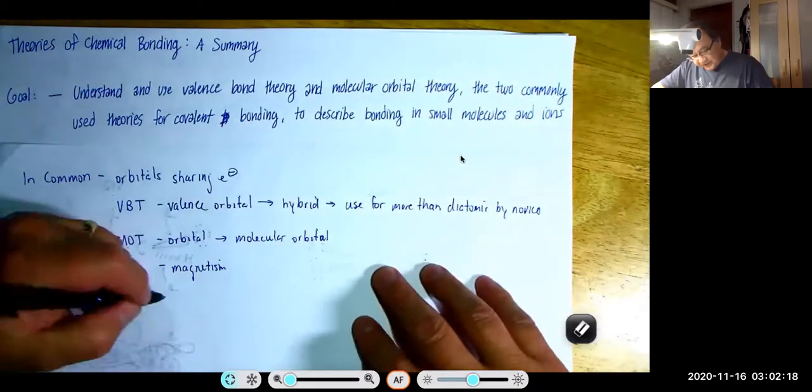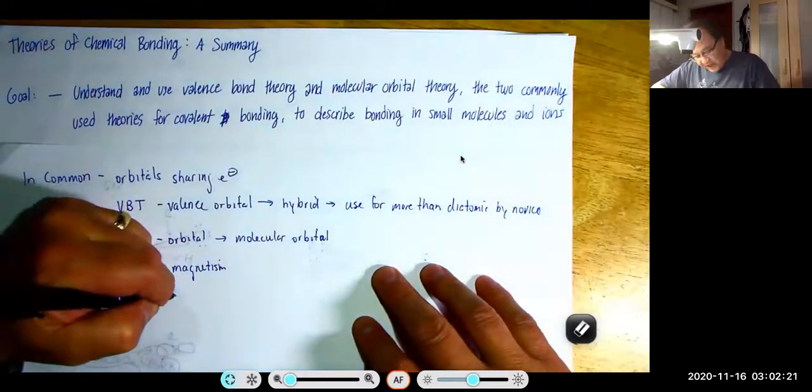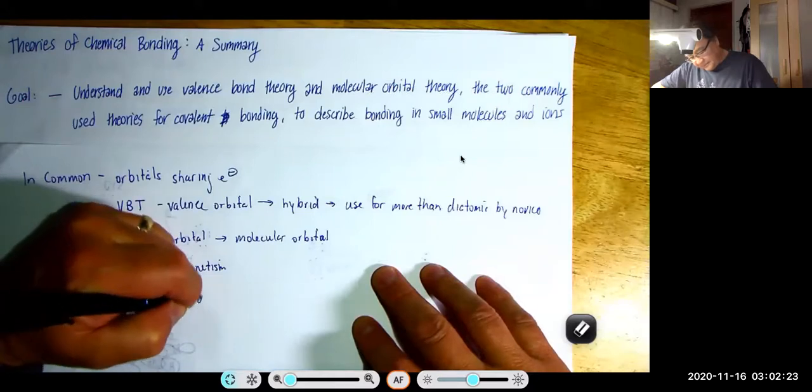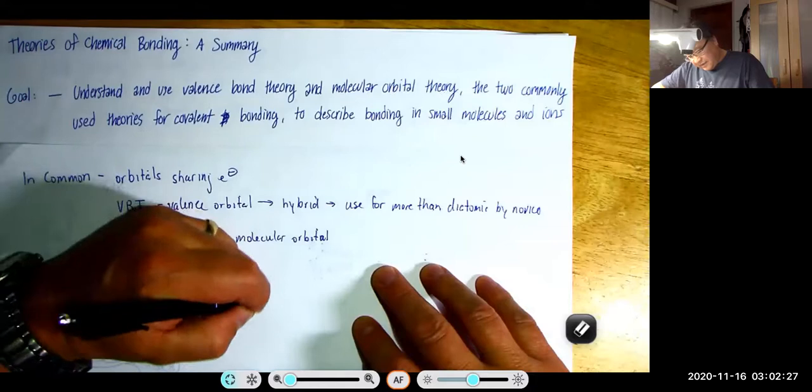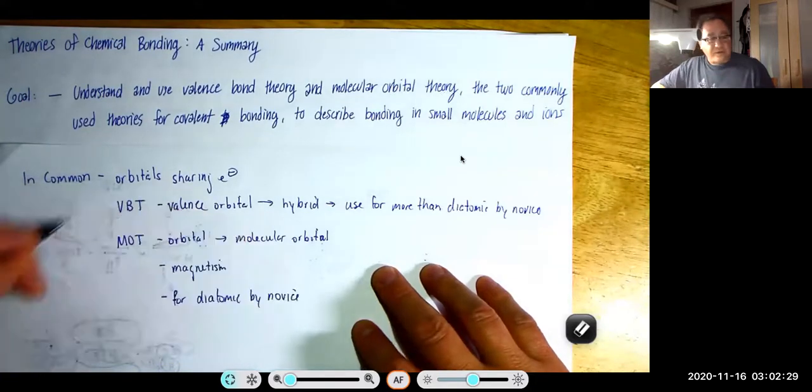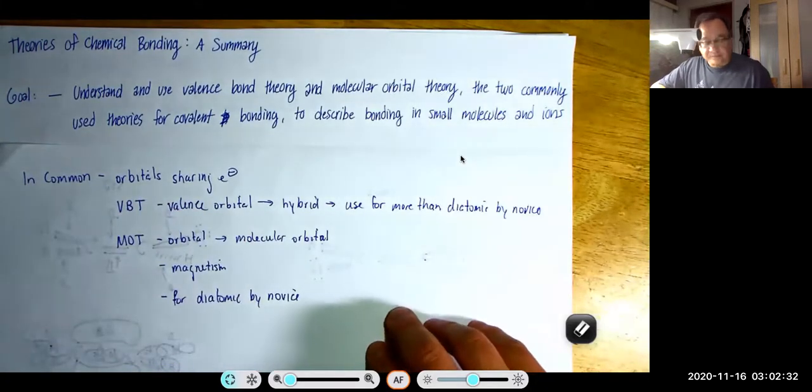Here, this is for diatomics by the novice. Now, is there molecular orbital theory for things that are more complex? Absolutely, but we don't teach those in a beginning chemistry course like this.